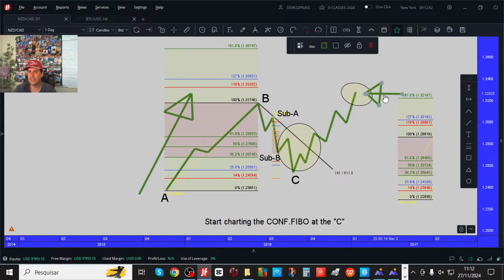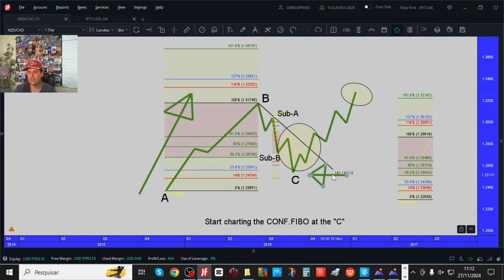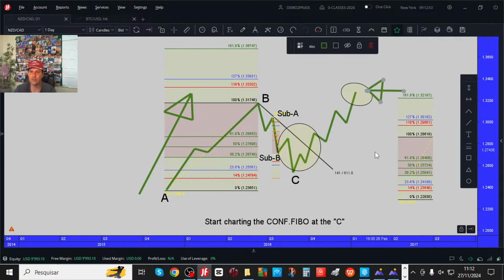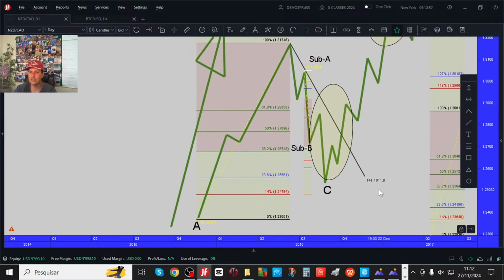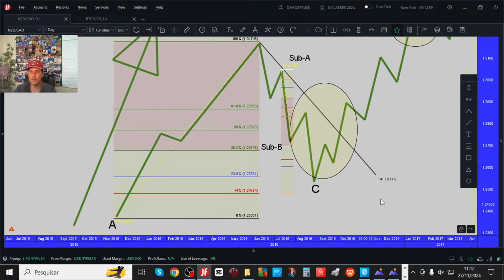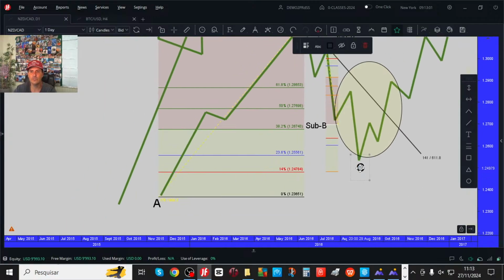So I lost the entry at the C because I was driving, cooking, cleaning, sleeping, and traveling, and the price action is up in here. So I'm going to zoom in the chart. Now remember, all the rules apply to all the Fibonacci.